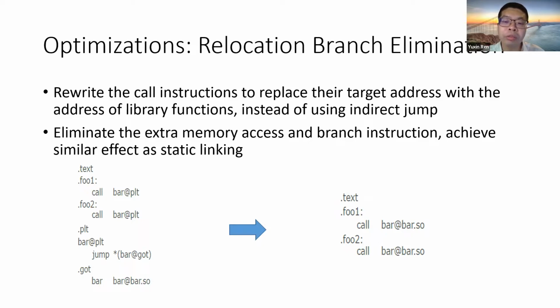As shown in this figure, the performance gain is obvious. We eliminate the extra 2 memory access and 1 instruction branch. As a result, we essentially achieve the performance of static linking on top of dynamic libraries.